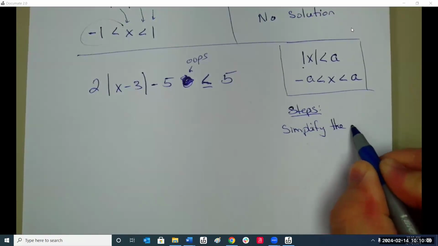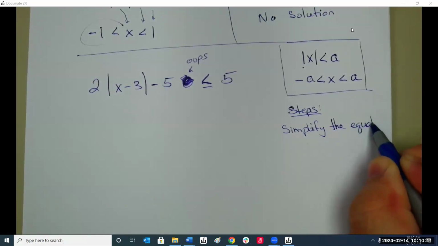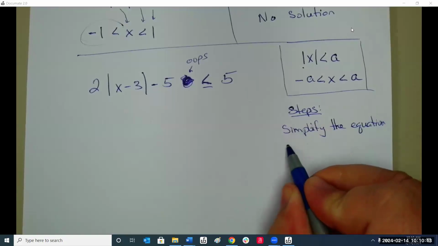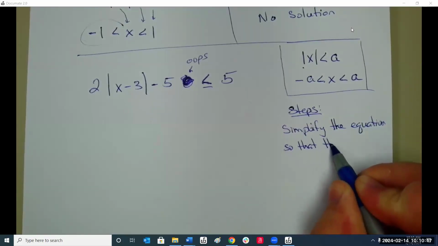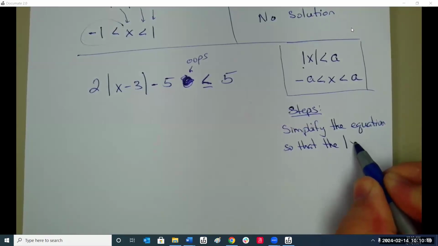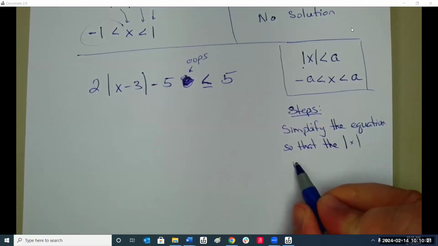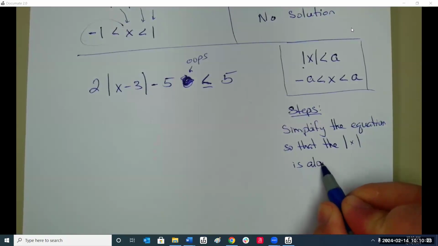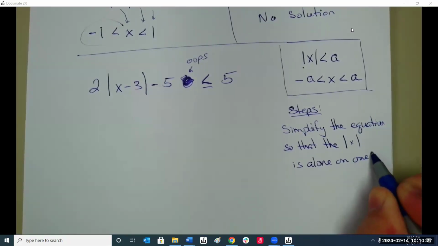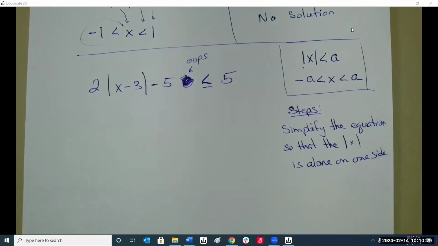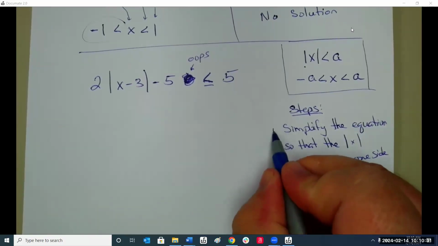So simplify the equation so that the absolute value sign is alone on one side. That's the first step.